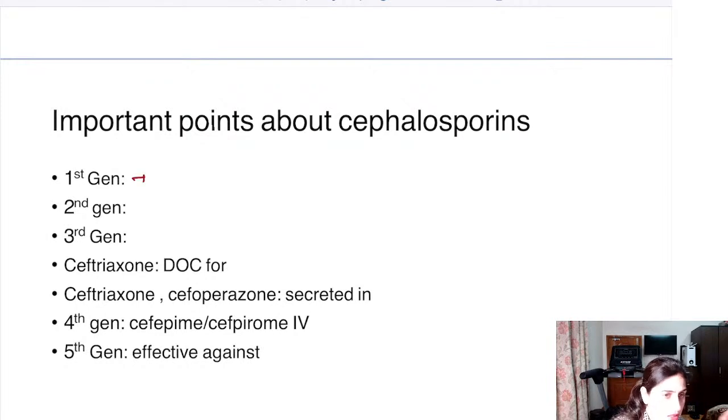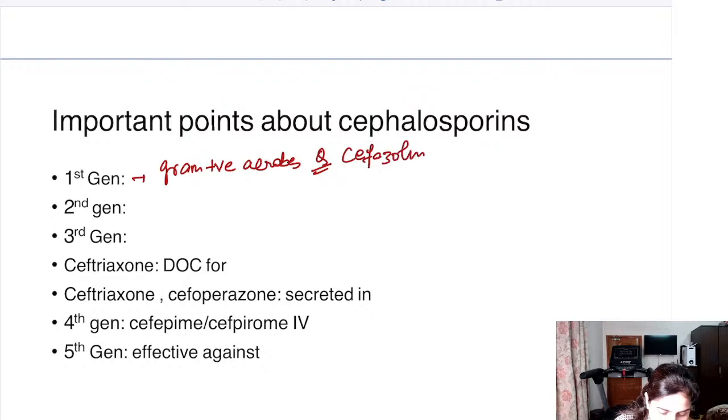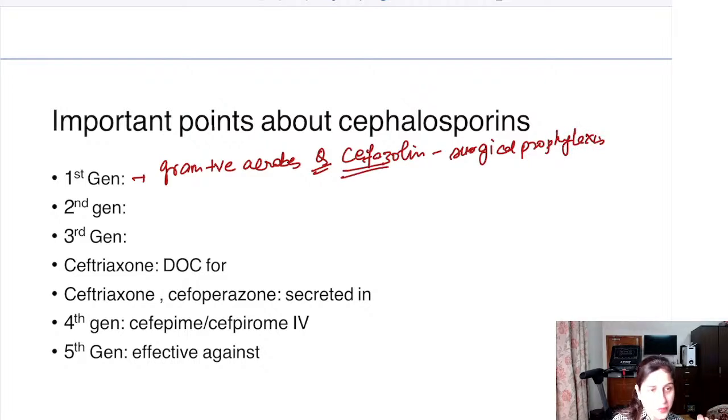The first generation cephalosporins, they are more active against the gram positive aerobes. ठीक है, so they are more active against the gram positive aerobes, and the question which has been asked recently is on a drug called as cefazolin. Cefazolin, which is used for surgical prophylaxis, drug of choice for surgical prophylaxis.